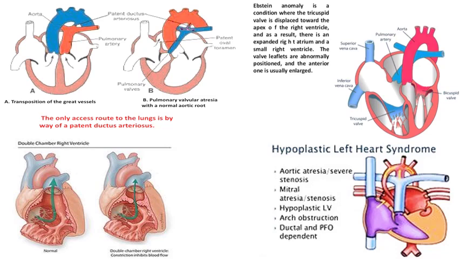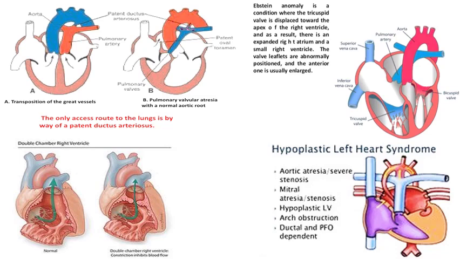So the blood from the atrium, as it flows to the ventricle, regurgitates back into the right atrium and is pumped into the left atrium, left ventricle, and into the systemic circulation. So there is again a mixture of deoxygenated and oxygenated blood.